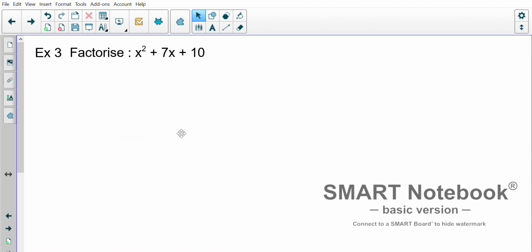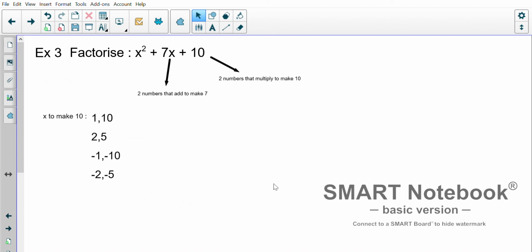Okay, so what would the solution be? We're looking for two numbers which add to make 7, and two numbers that multiply to make 10. There isn't a great deal of pairs that multiply to make 10: 1 and 10, 2 and 5, and of course the not so obvious negative numbers if you multiply them together.